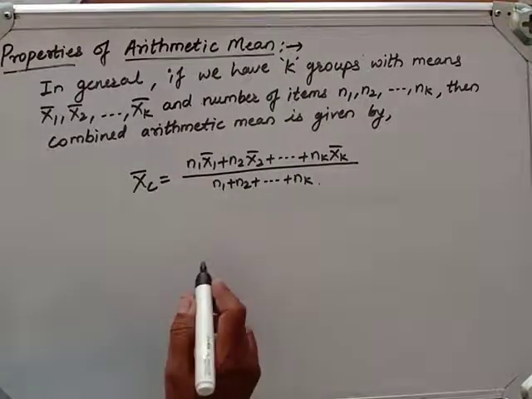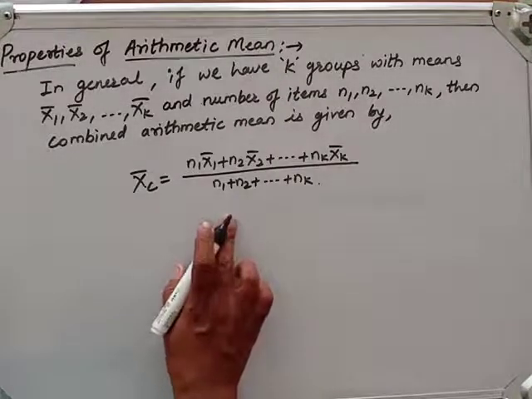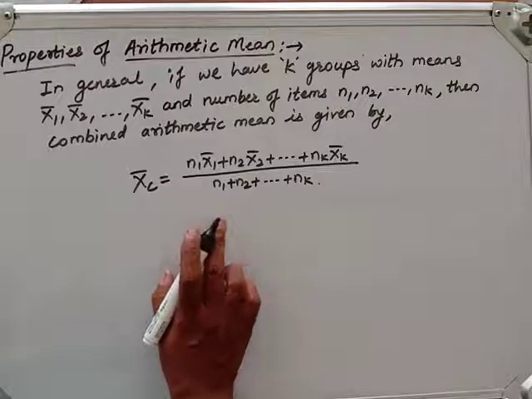This is the result for the combined arithmetic mean for k groups.